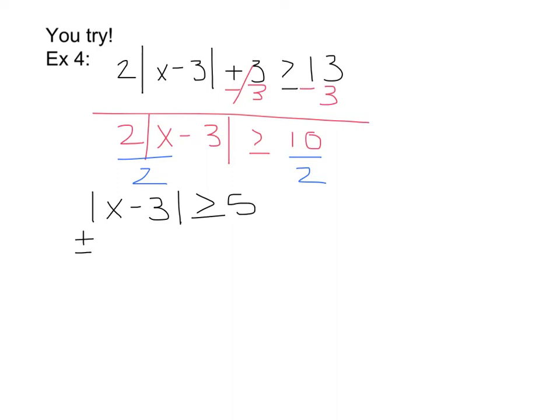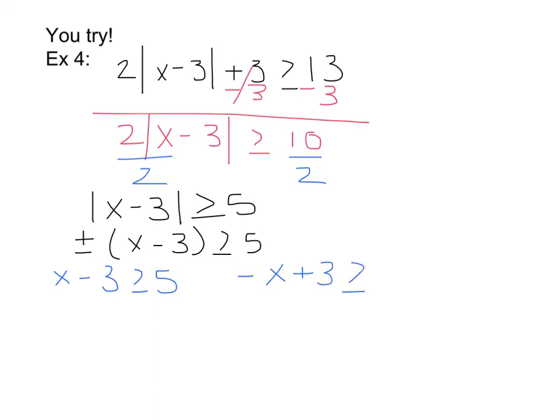Change it to parentheses. Write your two equations. Remember to change both signs in the negative equation. Add 3. So x is greater than or equal to 8.